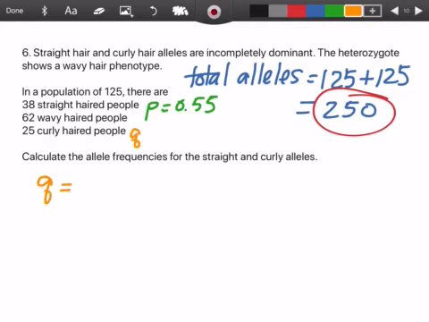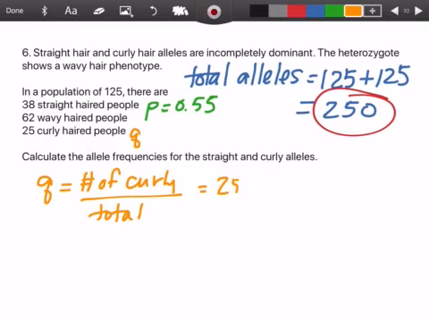Q is equal to the number of curly alleles divided by the total number of alleles. So our curly alleles, we're going to start with those 25 people who are curly haired. Each of them have 2 copies of the curly allele. So 25 plus 25. And then remember that those people with the wavy hair also have 1 copy each because they are heterozygote.